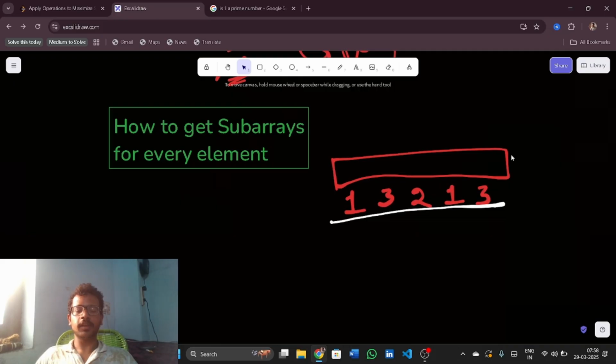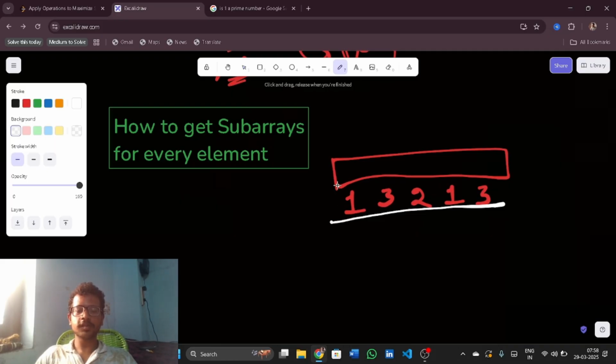Now, let me say here I got 1, so there is no chance, so only one subarray, that is itself. Now I have 3. Now here comes the actual thing. I can take this, this, this, and then also this as a subarray. I can also take this, but I can't take this.